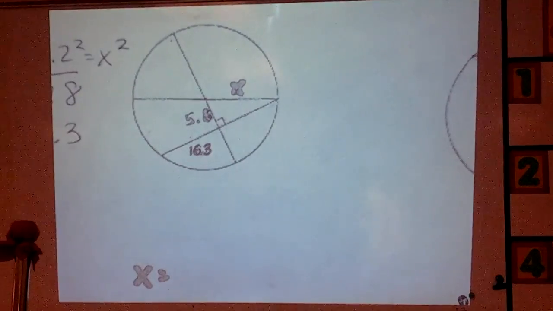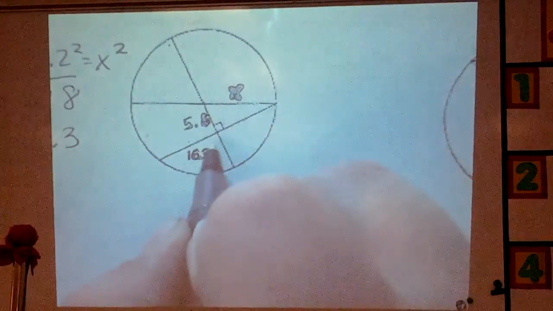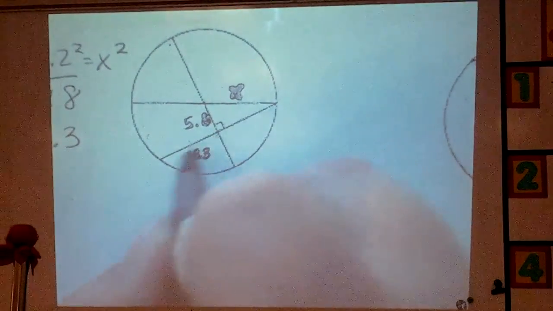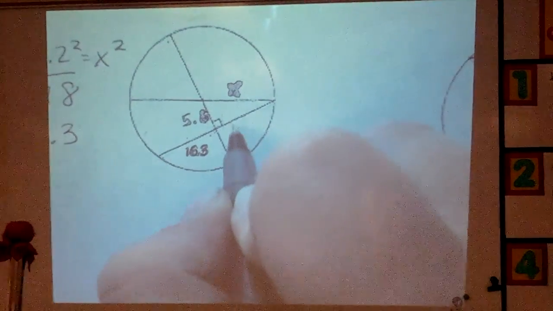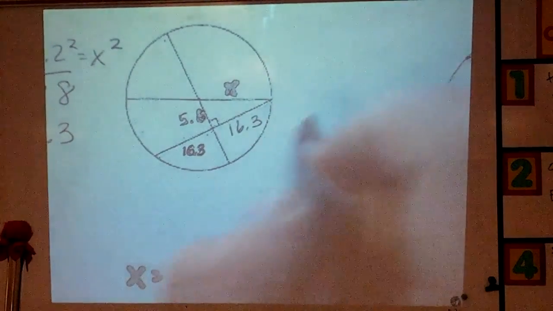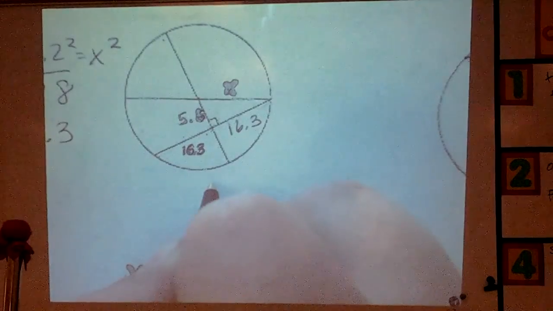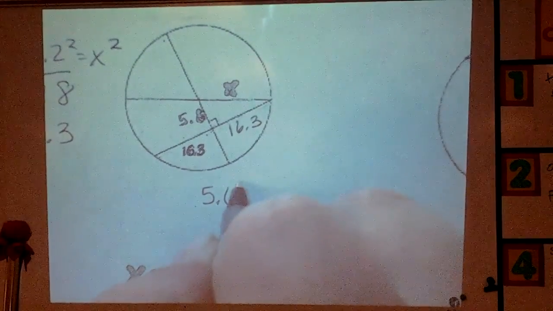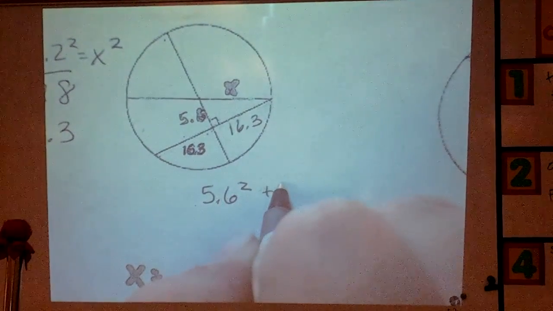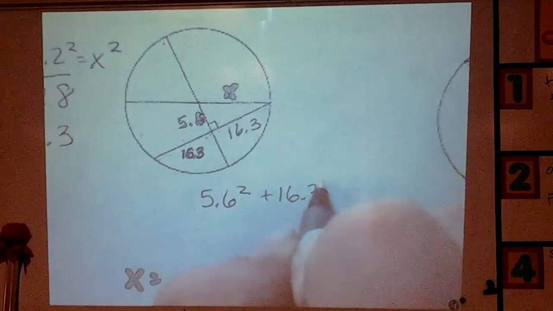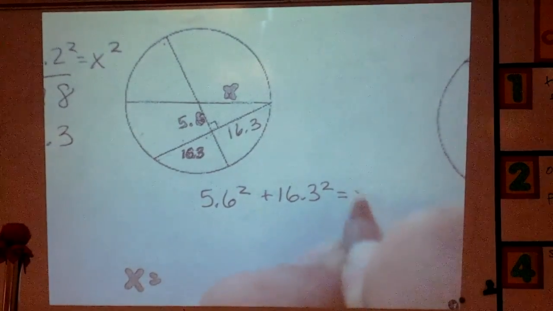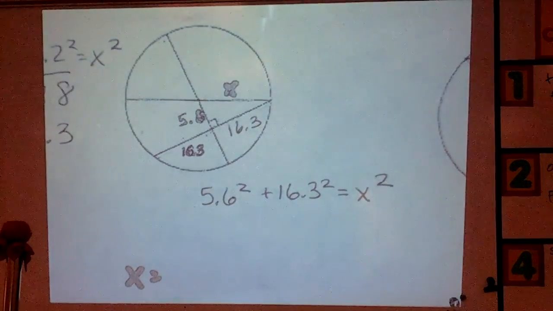In problem 2, if this part of the chord is 16.3, the other part is also 16.3. So I can say 5.6 squared plus 16.3 squared equals x squared.